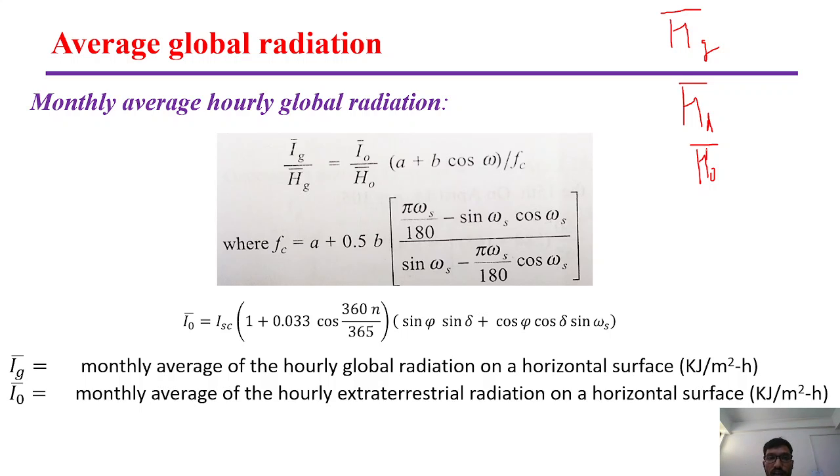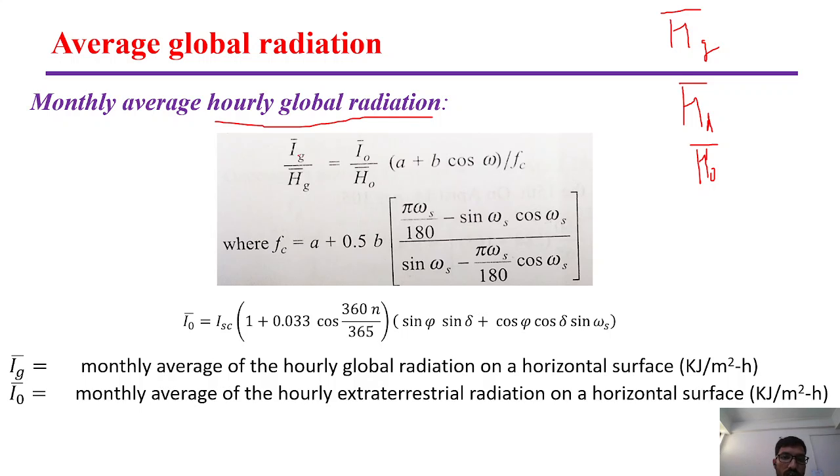So for that we need the value of H naught. And after that, after calculating the daily global and daily diffuse radiation, we can calculate the value for the monthly average hourly global radiation.